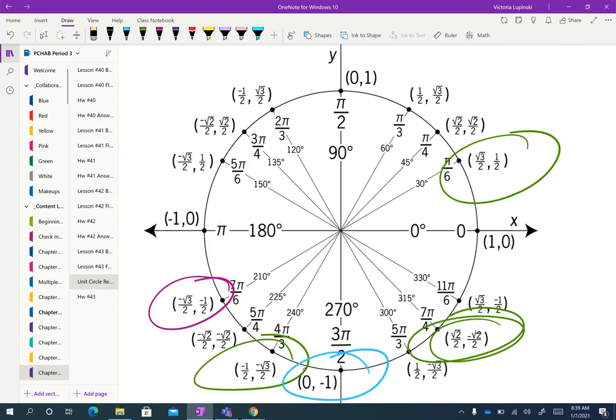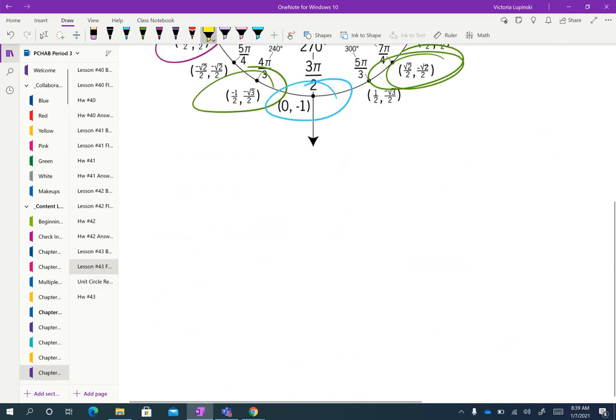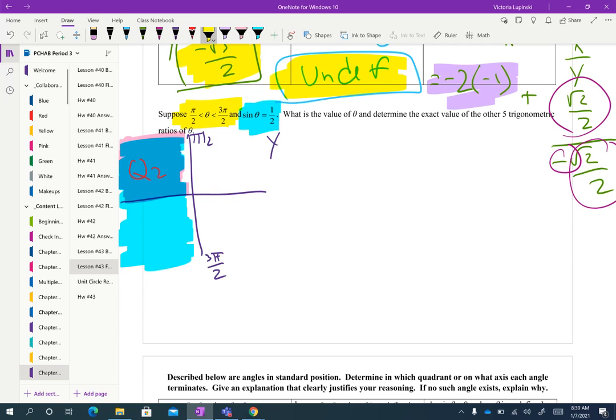If I'm looking at quadrant 2 only, and I'm looking for the spot where the sine is equal to positive 1/2, then I have to be looking at 5 pi over 6. Each piece of information narrows down the quadrants from 4 to 2 to 1.